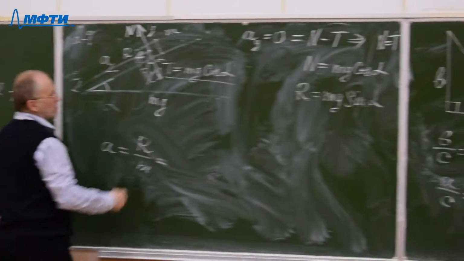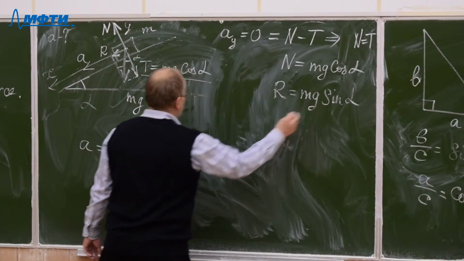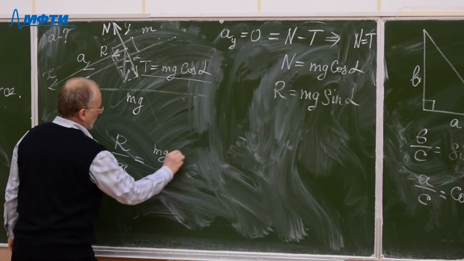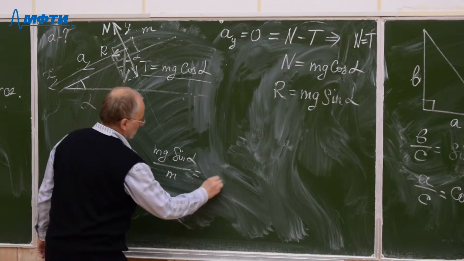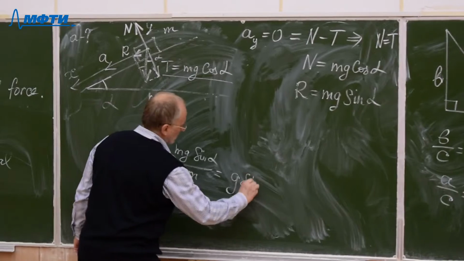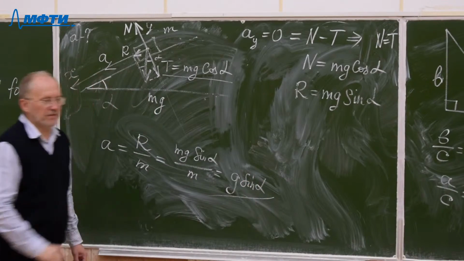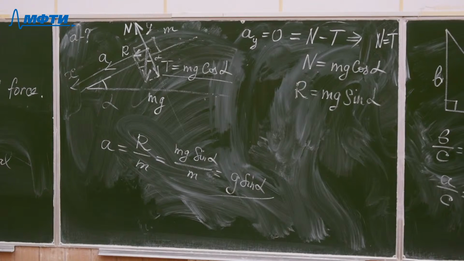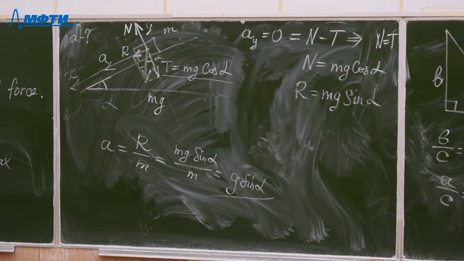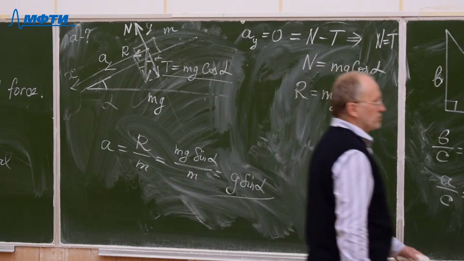And the net force is equal to mg sine alpha over m. So the acceleration will be g sine alpha. The acceleration of the block on the inclined surface, on the slope, if there is no friction. Now suppose there is some coefficient of friction.